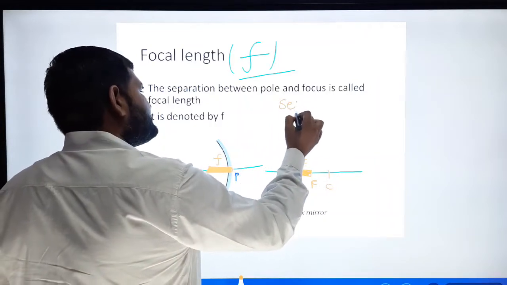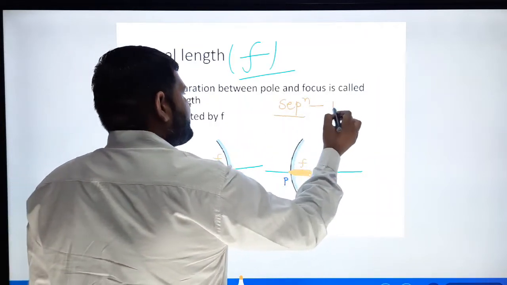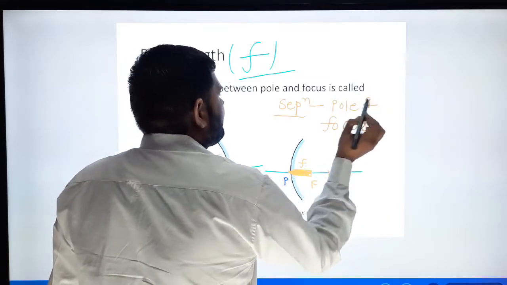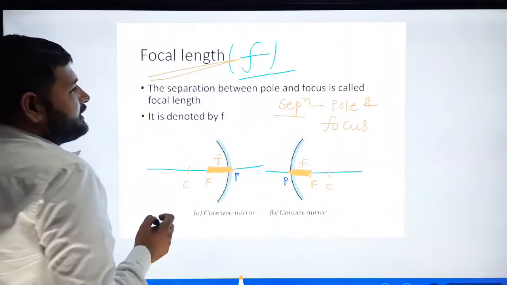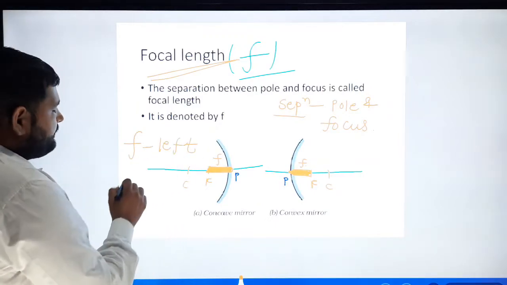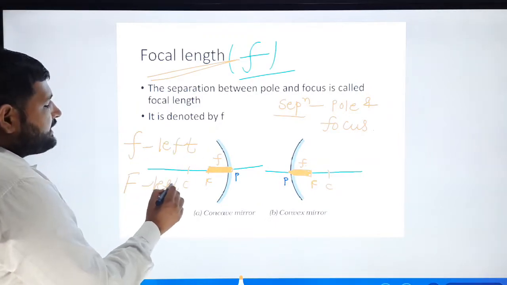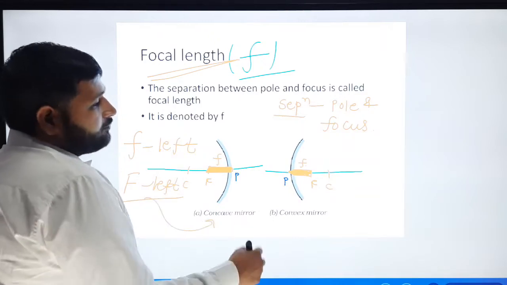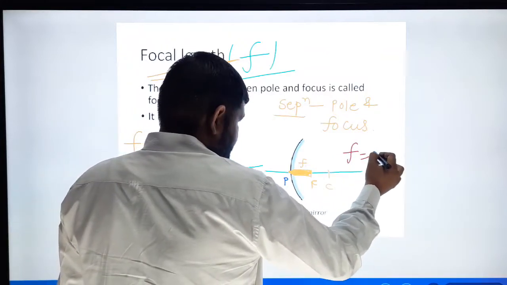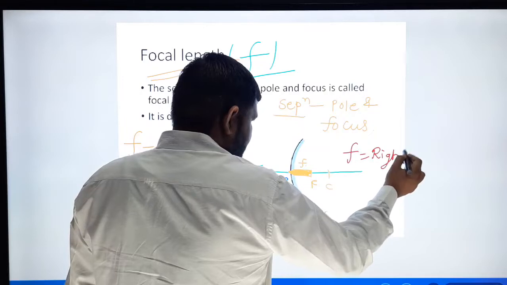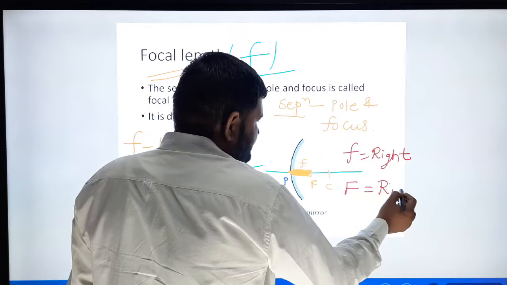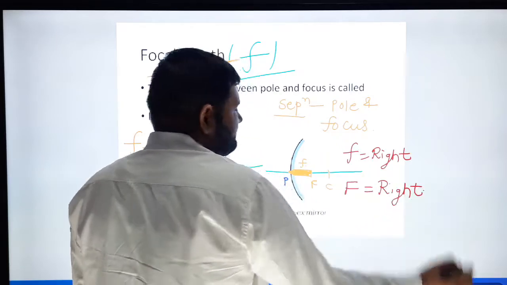So we can say that the separation between pole and focus is called focal length. As you can see, the focal length and focus are on the left side for a concave mirror, but in a convex mirror focus and focal length both are on the right side. And why are we talking about the sides in which the focus and the focal length are placed?